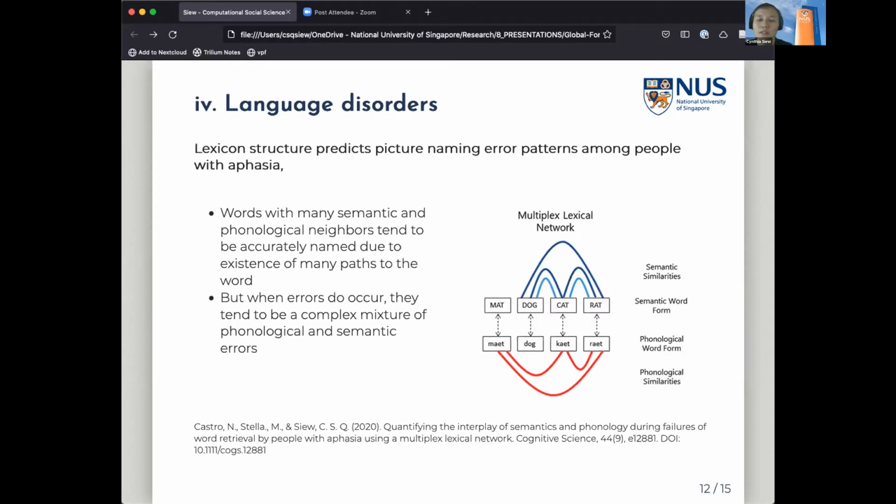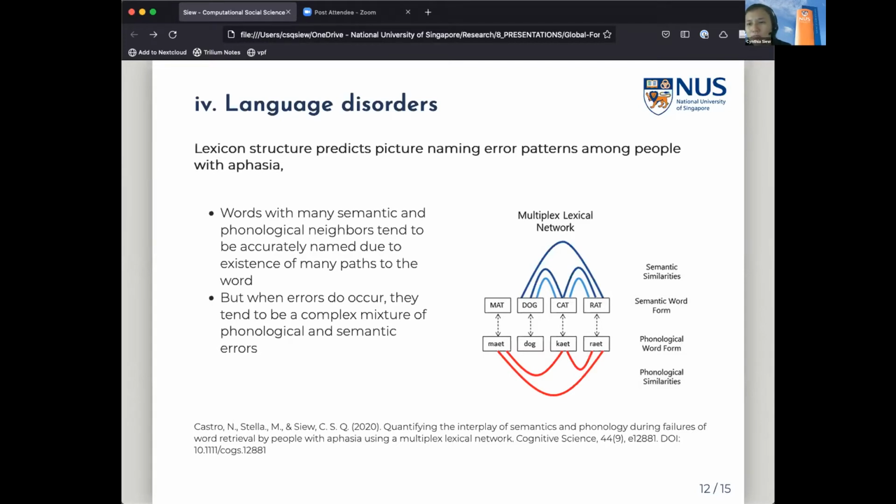So instead of just counting the errors, we want to know where the error occurred in the mental lexicon, and whether there's any aspect of that structure that can be used to understand why they make such an error in the picture naming task. We find this very interesting finding: words that have many neighbors, the high degree words, actually tend to be more accurately named than words with few neighbors.